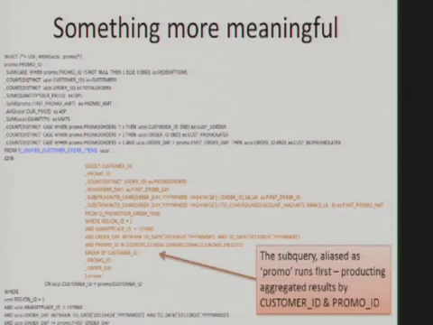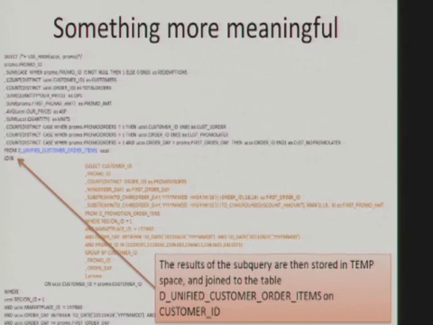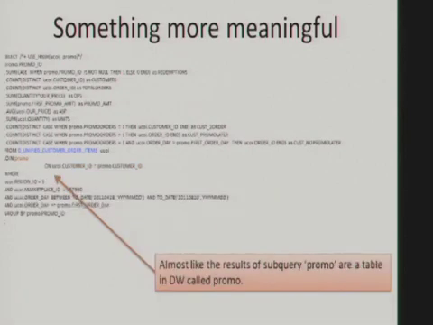So that subquery runs first, producing the aggregated results. Then the results are stored in temporary space and joined to the table dunified customer order items on customer ID. To think about it, it's as if there is a table in the data warehouse called promo ID now, and we're just joining that table to that table. It's just to simplify what's actually going on. That and that are kind of the same thing.